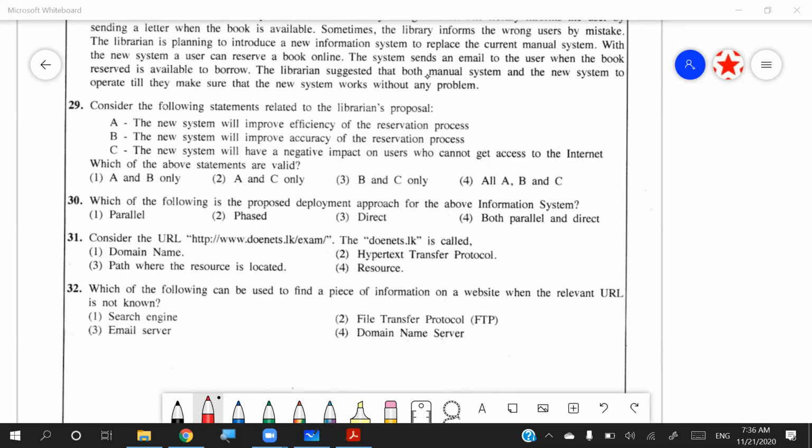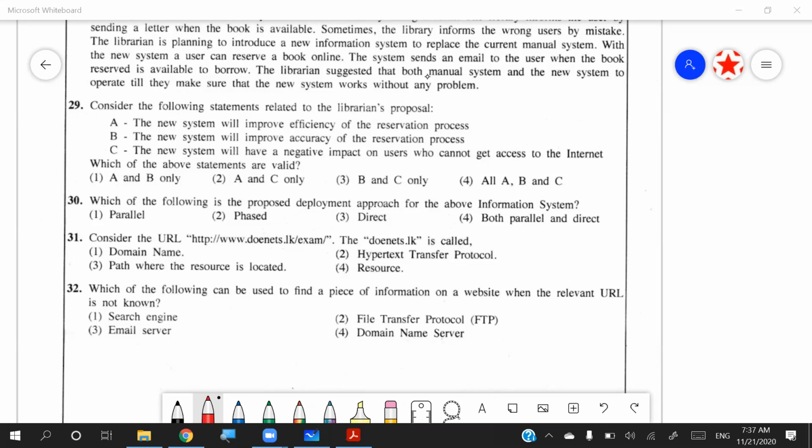So the third one is the pilot deployment. Pilot deployment means the entire new system is introduced to a part of the organization. Now, if you consider your school, if your school has a primary section and a secondary section, the new system will be deployed entirely to the primary section, and the primary section will be considered the pilot project, right?